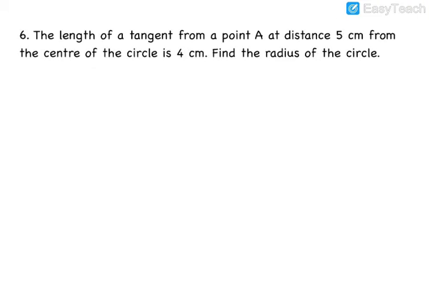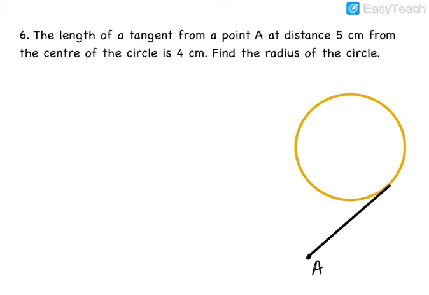Question number 6. The length of a tangent from a point A at a distance of 5 centimeters from the center of the circle is 4 centimeters. Find the radius of the circle. Let's take point A over here. From this point, we have a tangent to the circle.